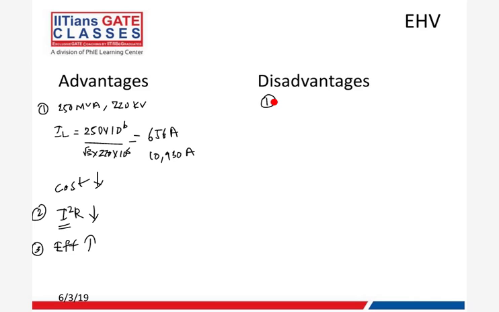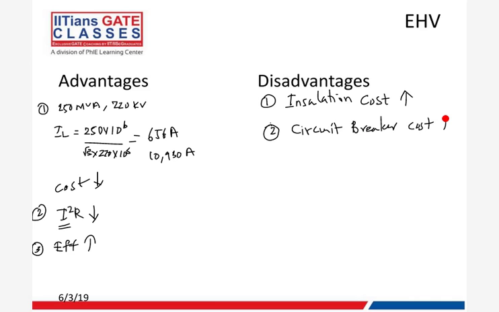Since we are increasing voltage, insulation cost increases, right? And the second one is the circuit breaker and protection cost also increases, right?